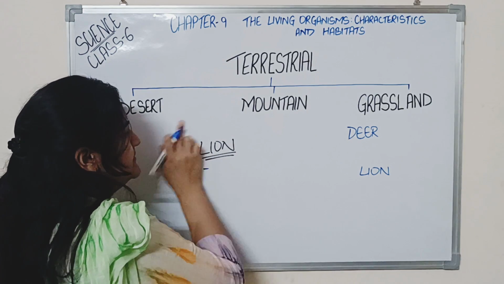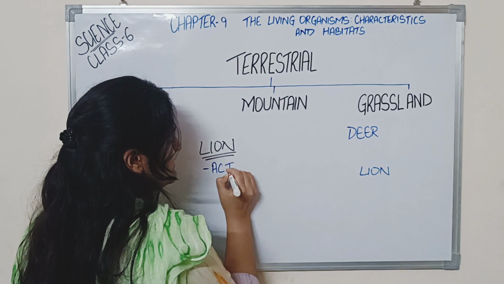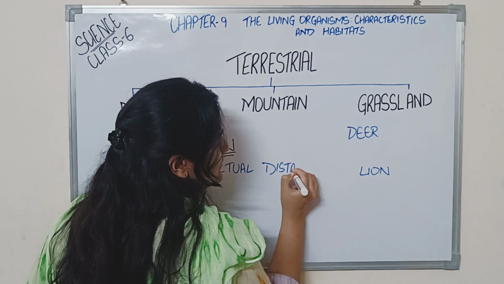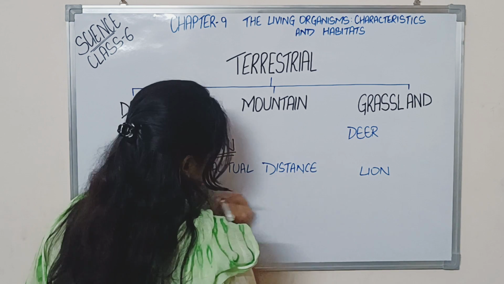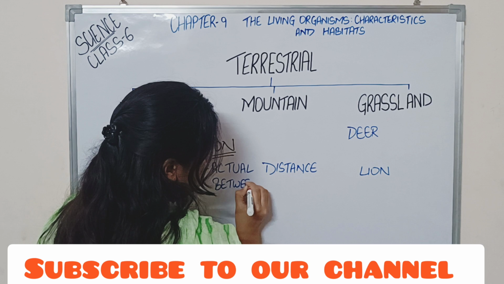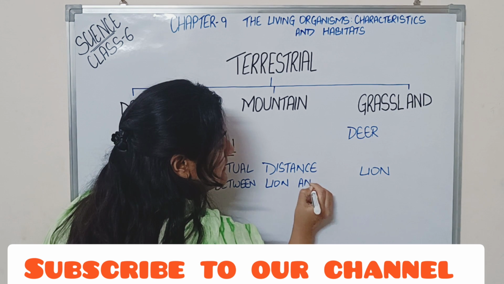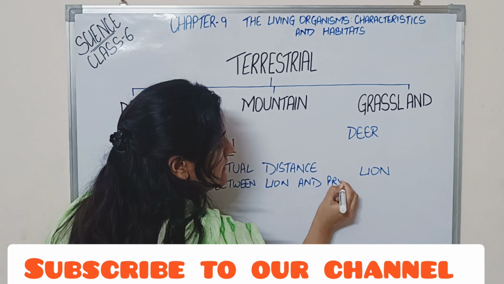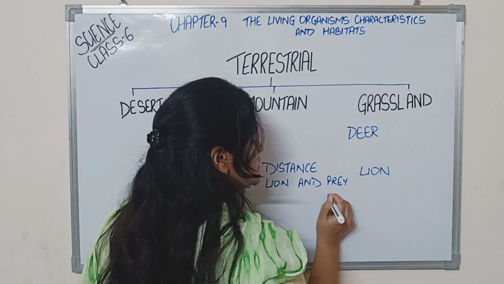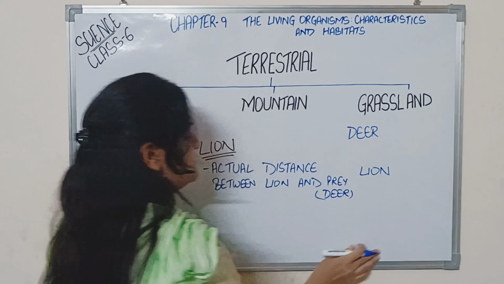So it has the actual distance between the lion and the prey, and here we are going to talk about deer only, right?